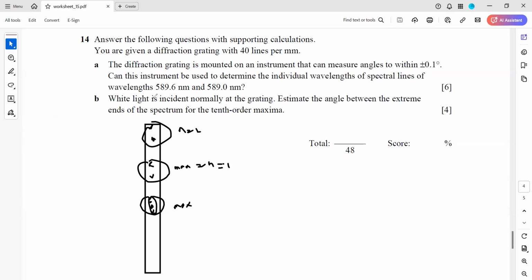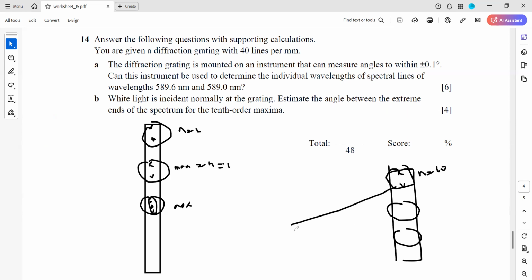So what we have to do is find the angle of the 10th order, as we go on. So central maxima, then let's say this is n equal to 10. In n equal to 10, we'll have violet and red. We'll determine the angle from the central maxima for the violet.